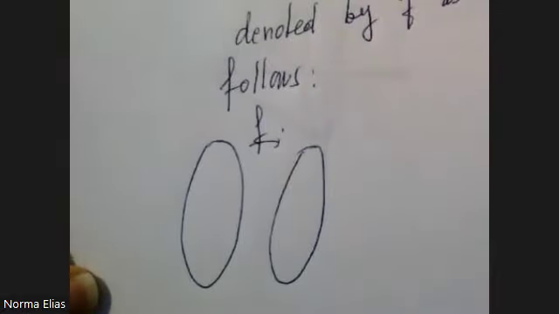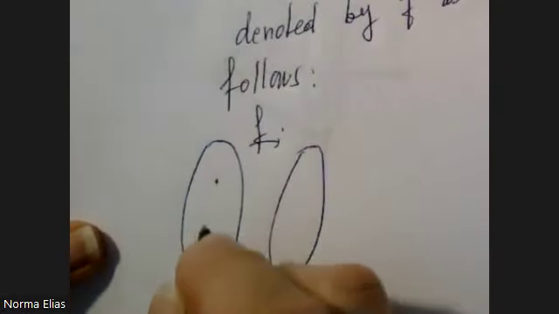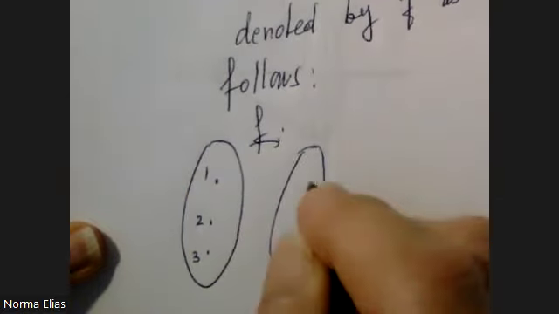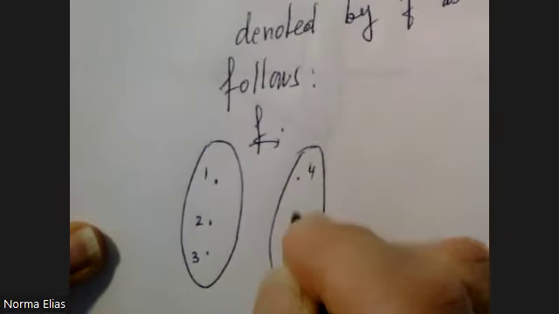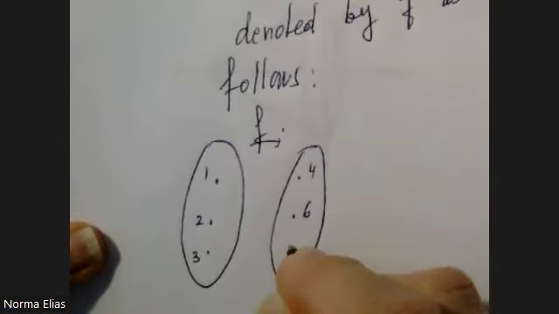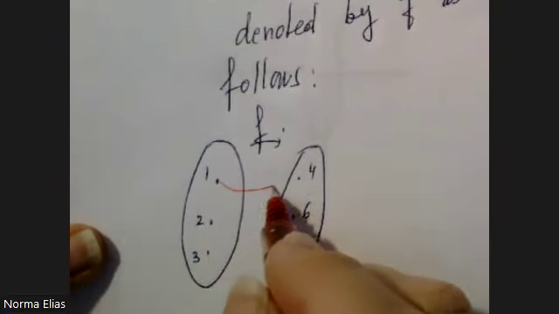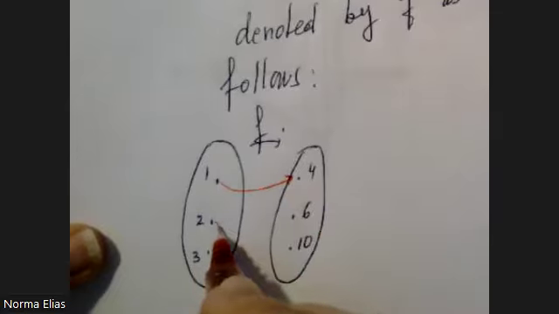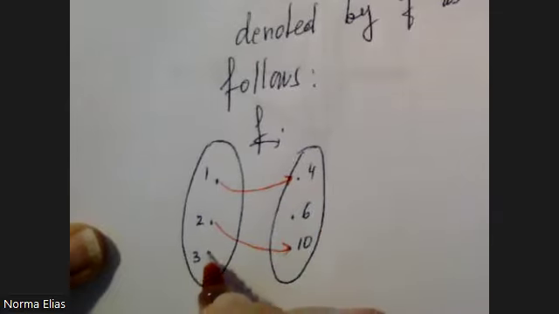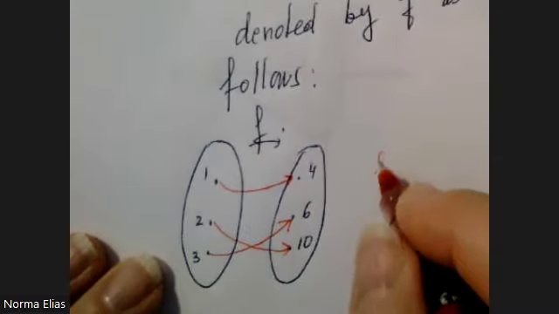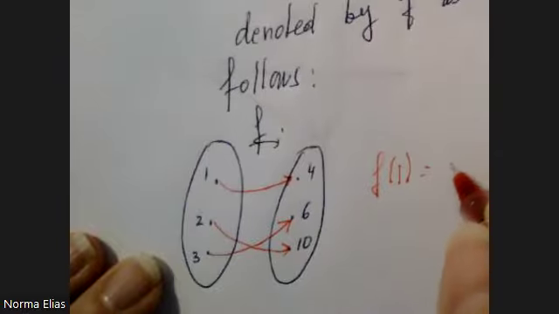Let us say a very simple scenario: the inputs 1, 2, 3, and the outputs 4, 6, and 10. This function takes 1 to 4, it takes 2 to 10, and it takes 3 to 6. That's my function f. So f of 1 is 4, and so on and so forth.